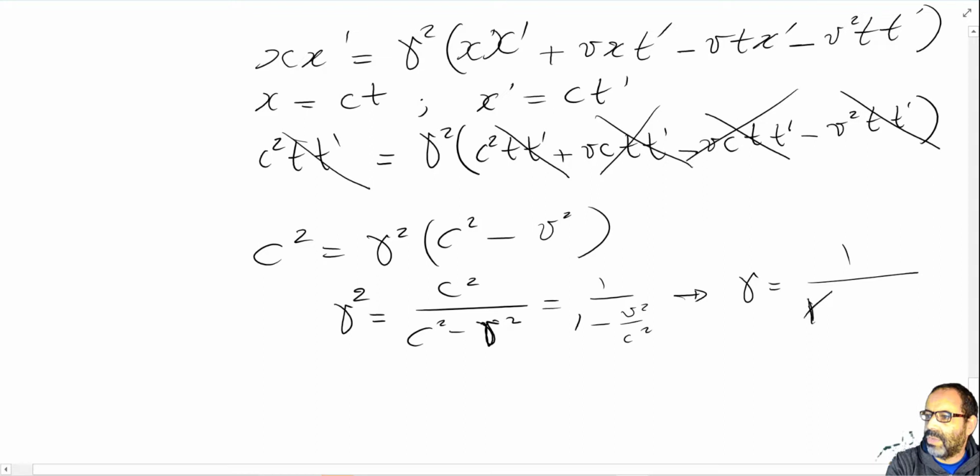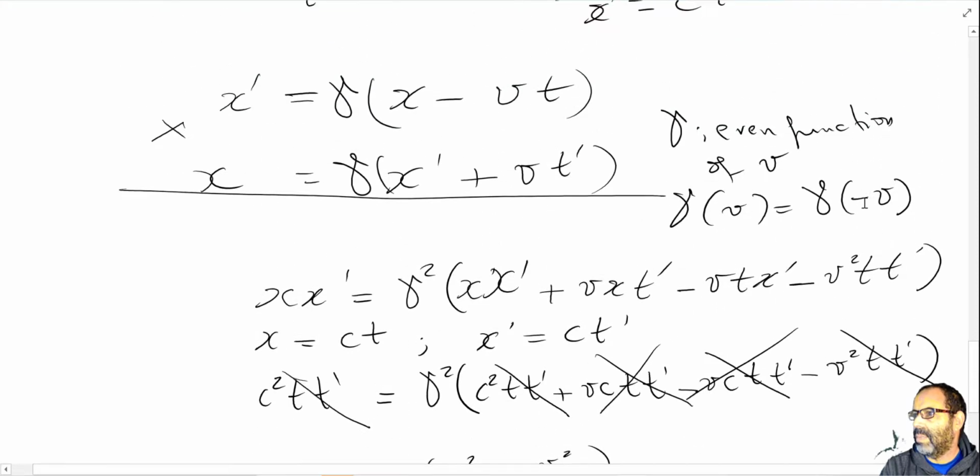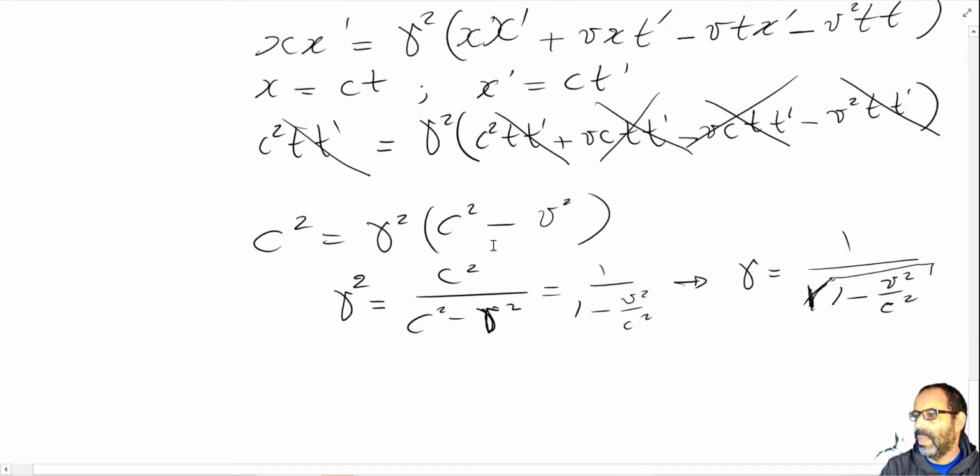Remember, this is a scaling factor. This is basically how to change rulers. The rulers are positive, so I'm going to take the positive value in here. It doesn't make sense to take a negative value in here. Okay, so I found gamma, and indeed this is an even function of v. If I change v to negative v, v squared stays the same, so gamma meets this requirement, so this must be true all the time.